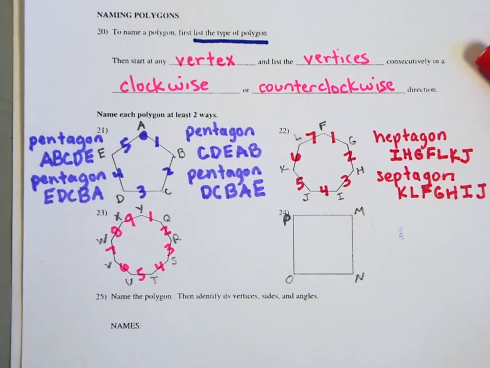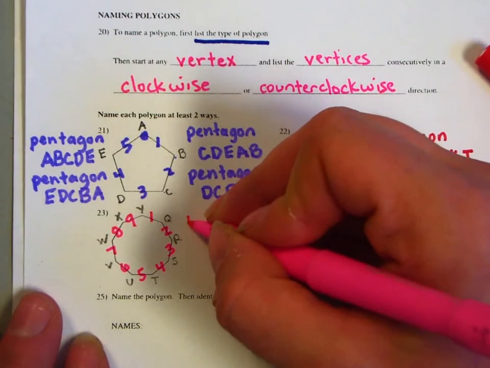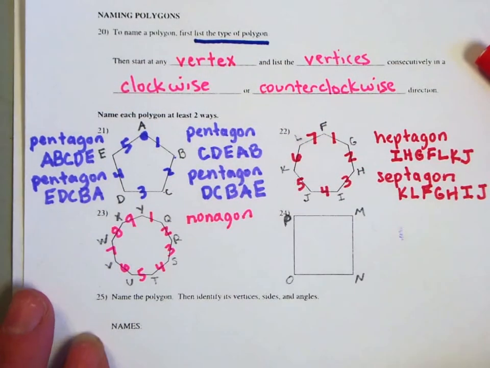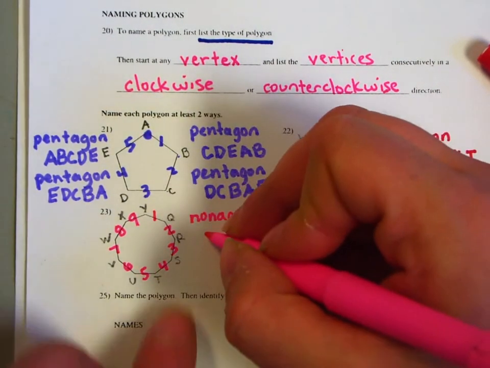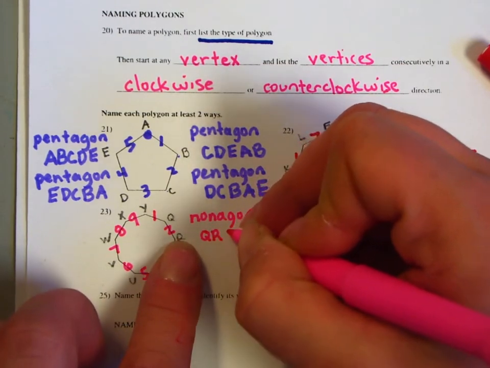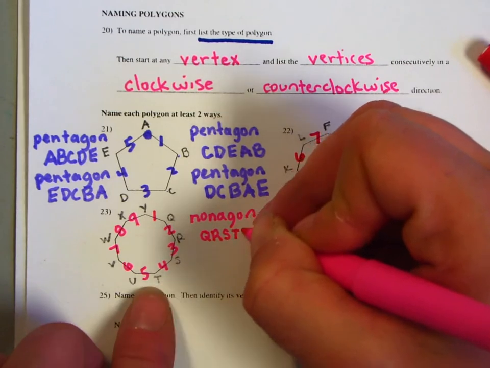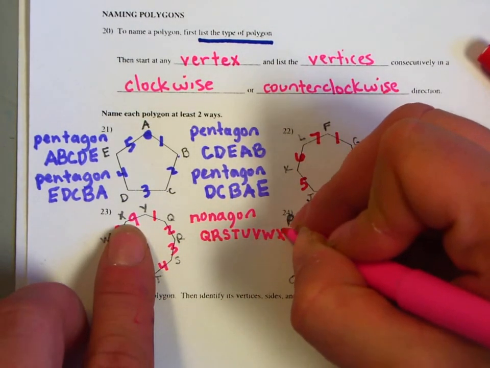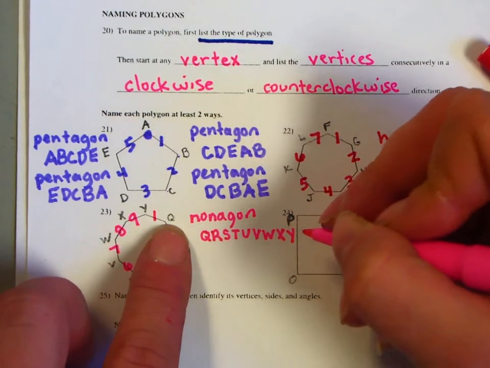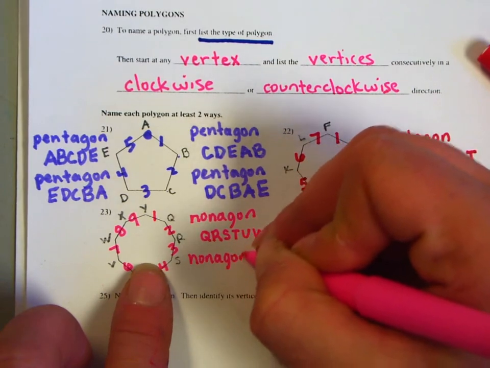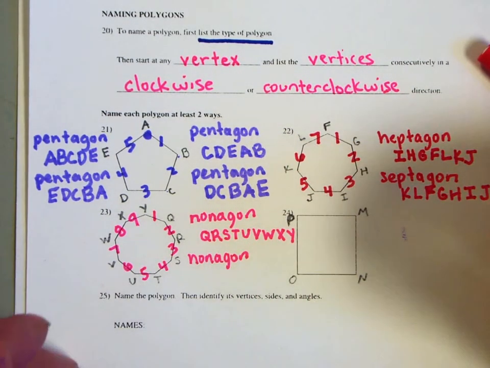Problem 23's figure has 9 sides, which tells me it is a nonagon. Once again, pick any letter to start with. We start with Q. We could go clockwise, R, S, T, U, V, W, X, Y. Brings us back to Q. We start at any vertex we want.